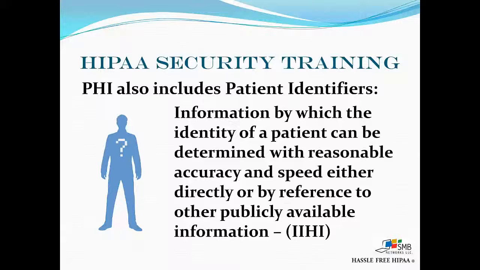What I mean by that is information by which the identity of a patient can be determined with reasonable accuracy and speed, either directly or by reference to other publicly available information. Think of having two pieces of a puzzle. One piece is something that you find in a file. Another piece is something that you find on the internet, such as other publicly available information.